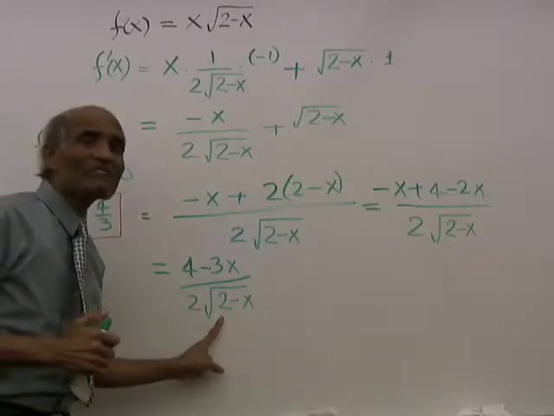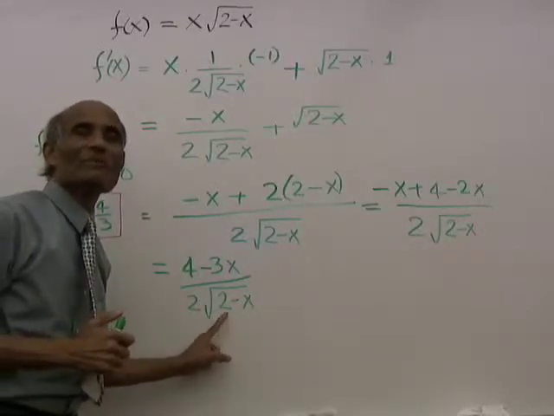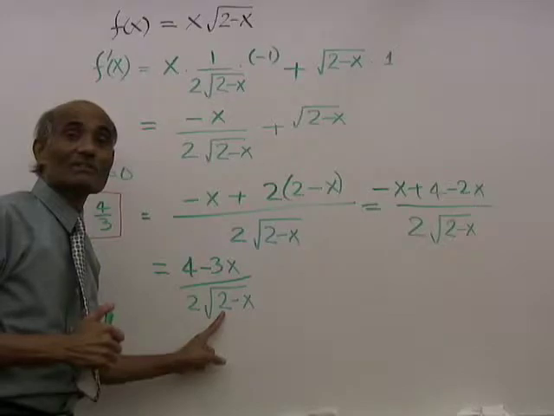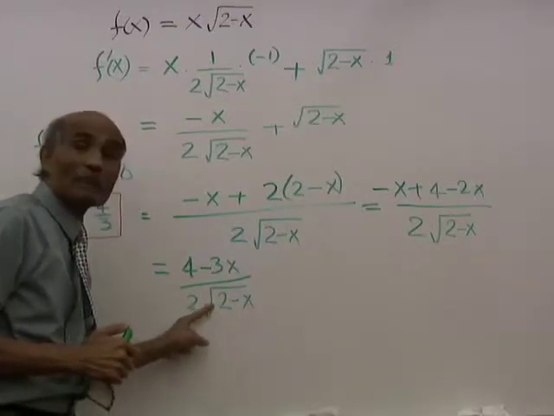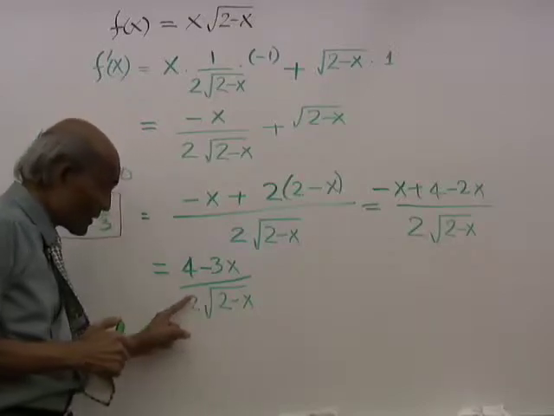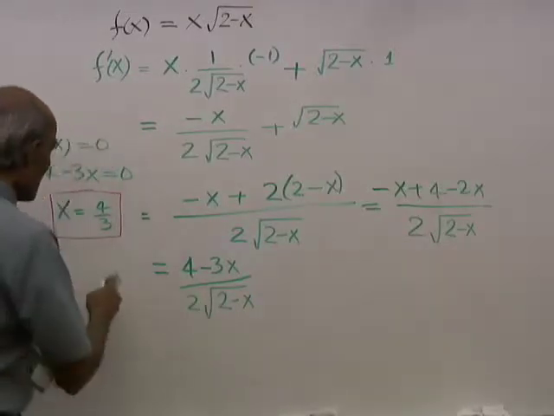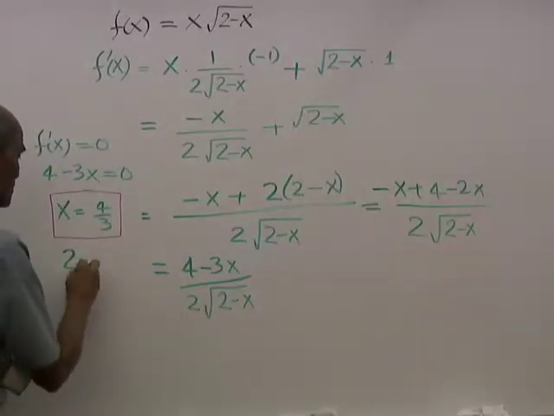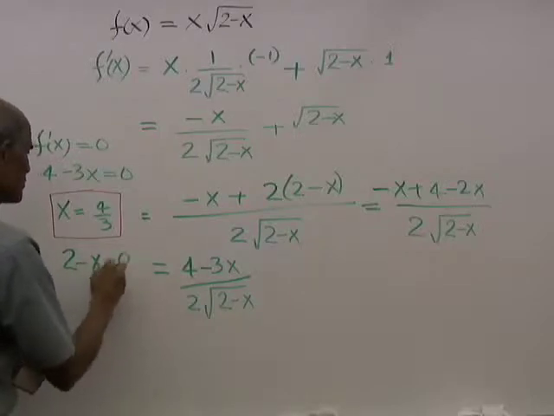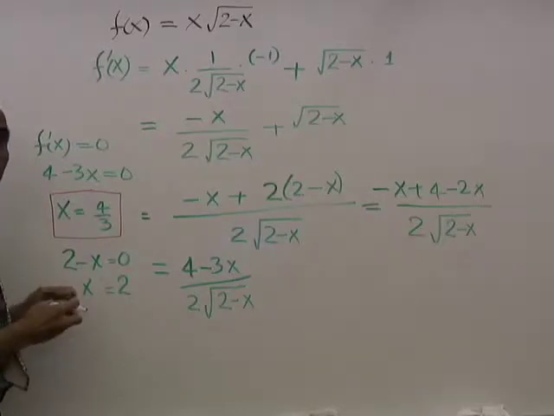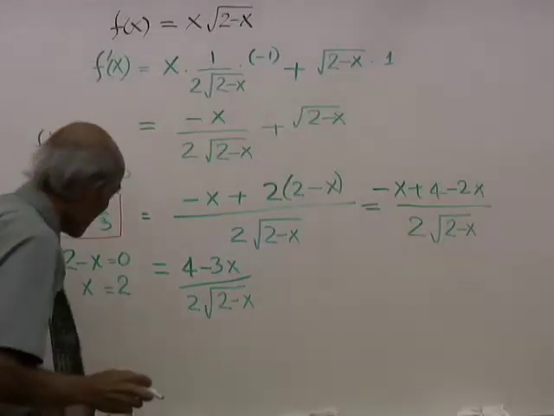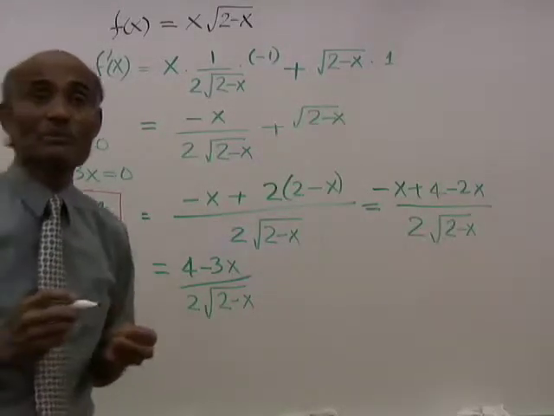Is there any value of x that will make the denominator 0? Yes, when 2 minus x becomes 0, the whole denominator will be 0. So if you set 2 minus x equal to 0, that will give you x equal to 2.